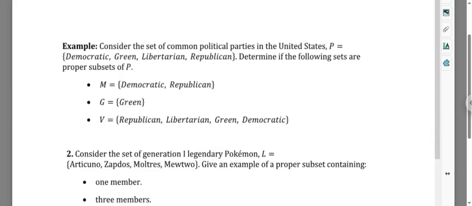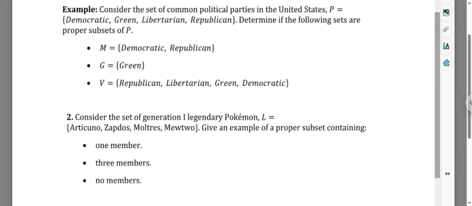All right, so we are looking at 4 common political parties. There more than likely are more, but these are most of the 4 common ones that show up. Democratic, Green, Libertarian, and Republican. So determine if the following sets are proper subsets of the original.